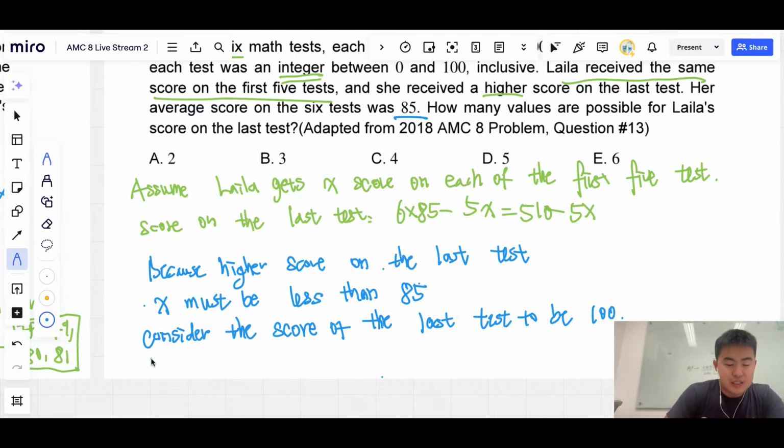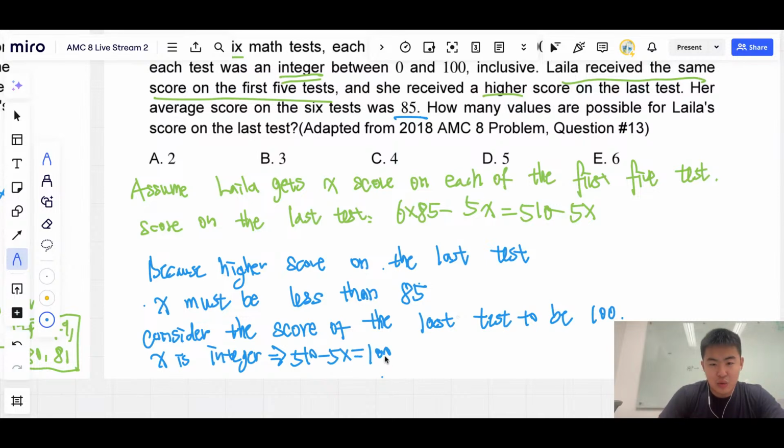Now, since x is an integer, we need to test if we plug 100 into our equation, do we get an integer for x? So our equation after plugging in 100 will become 510 minus 5x equals 100.